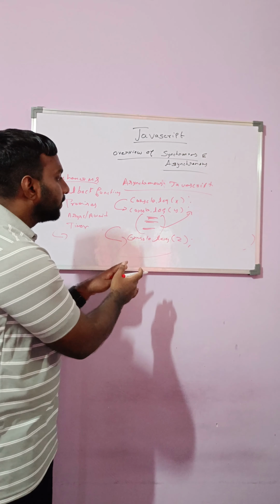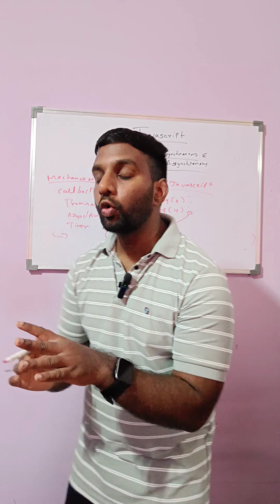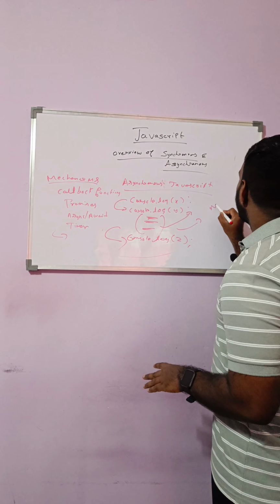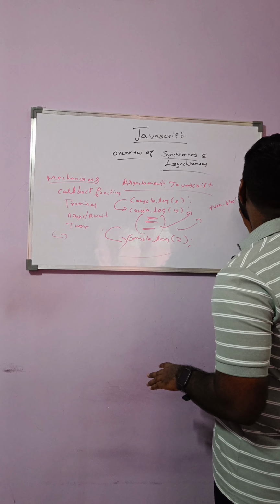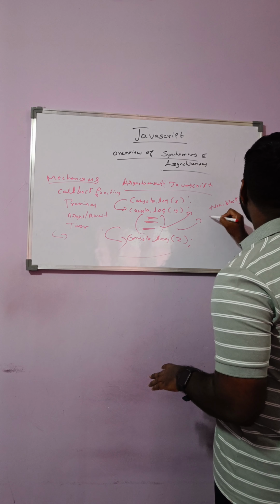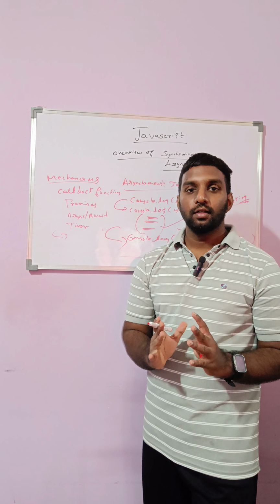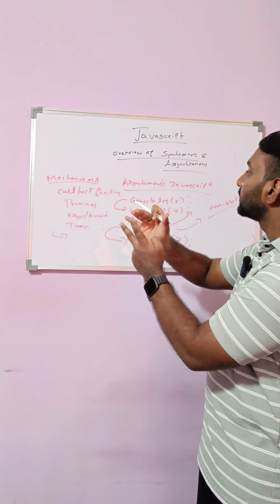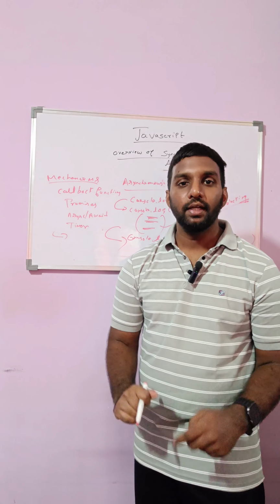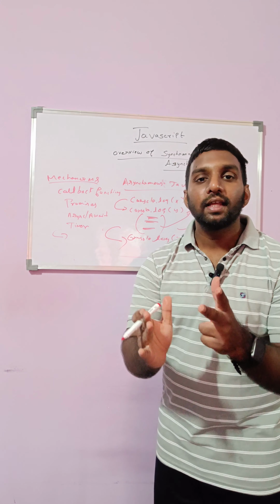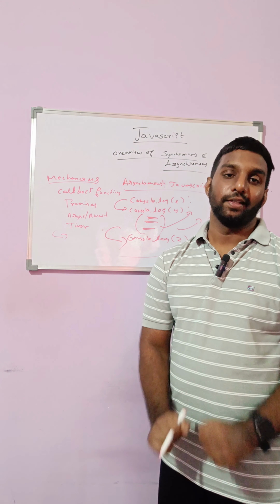So this way we are making the JavaScript code non-blocking. So this is pretty much the understanding. This is what synchronous and asynchronous JavaScript is, right? We are making it a non-blocking functionality.